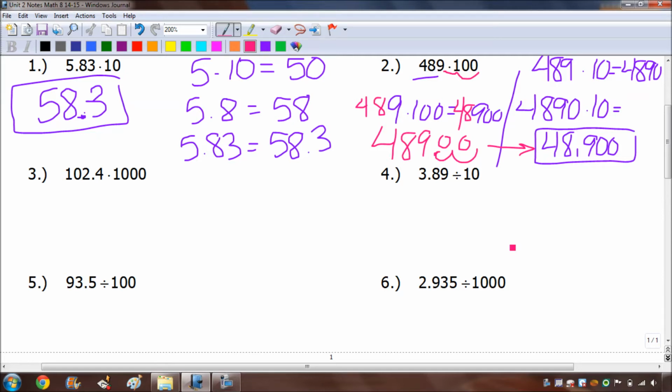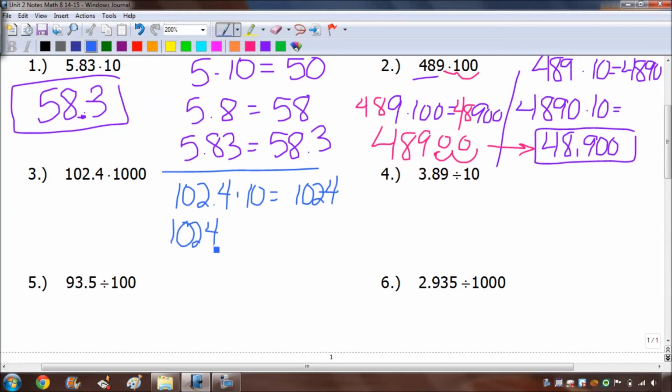Well, again, if I multiply 102.4 by 10, I end up getting 1,024, right? If I multiply 1,024 by another 10, I end up getting 10,240.